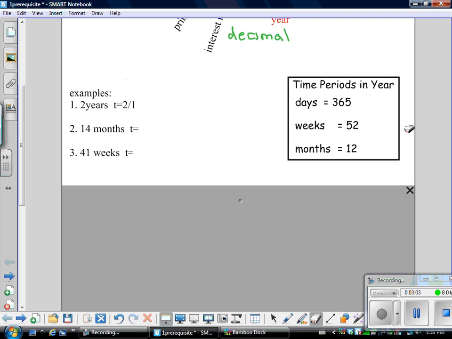So I'm always using these ones in this rectangle as what these numbers are being divided by. So 14 divided by 12. 41 weeks, 52 weeks in a year, so 41 divided by 52.